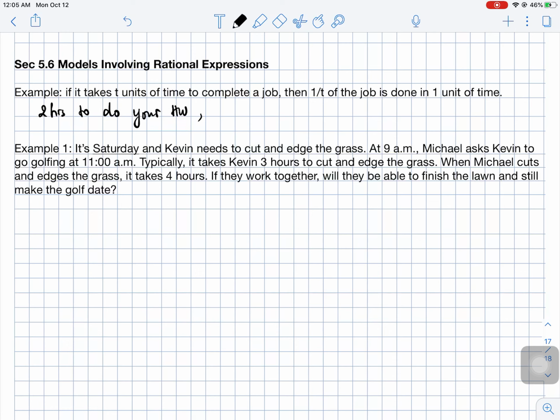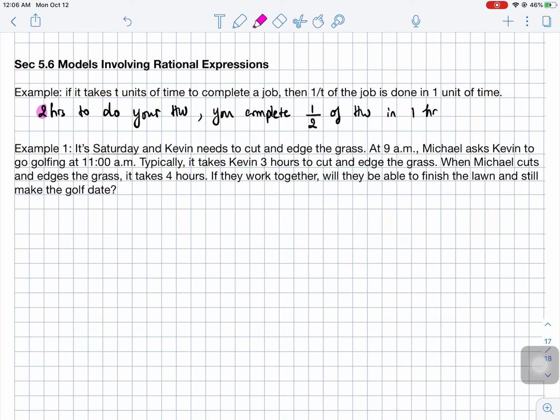For example, if it takes you 2 hours to do your homework, it means that you complete 1 over 2 of the homework in 1 hour.